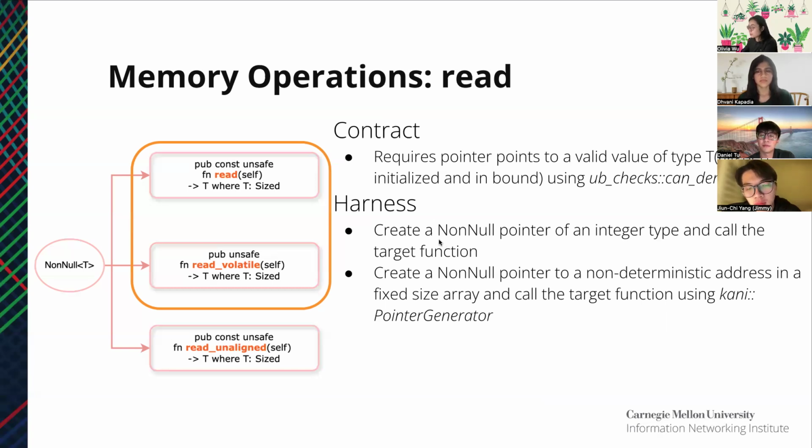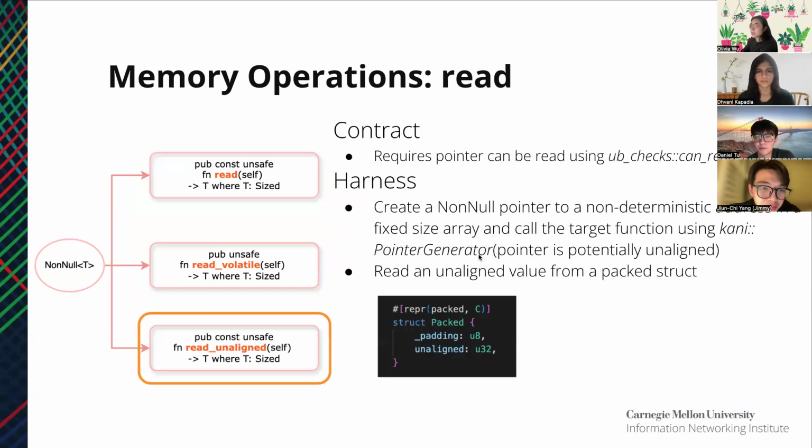And the second example is to create a non-null pointer to a non-deterministic address in a fixed size array and then call the target function. Again, this is also done using the pointer generator API from Kani. So read unaligned is a little extra and a little special.